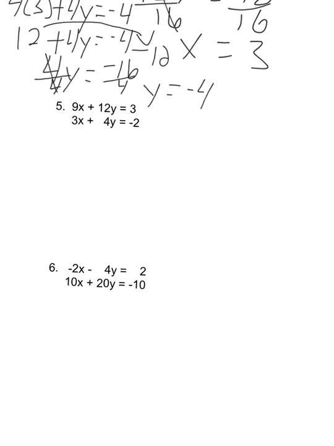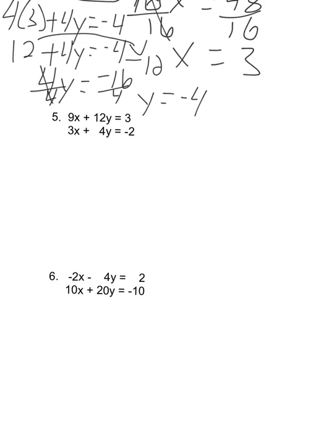On number 5, if we're using elimination, it doesn't matter which one. Let's say we eliminate the 3x, or the x's. 9 and 3, the smallest number they'll both go into is 9, so I don't have to mess with the top, so I just rewrite it. 9x plus 12y equals 3.